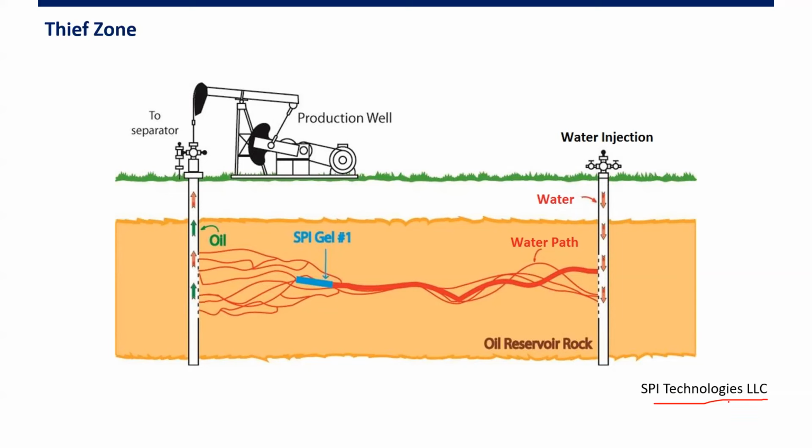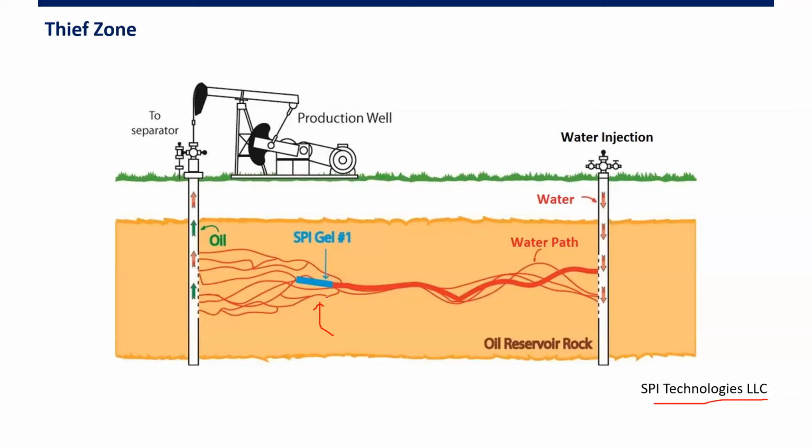But the gel will not solidify early. It will have the chemical that will delay the solidification of the gel until somewhere along the path, where it will solidify and become solid. The gel will become solid like this. So you have the first gel plug that solidifies around here.